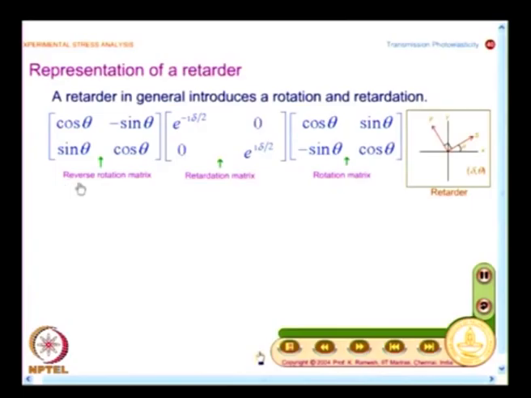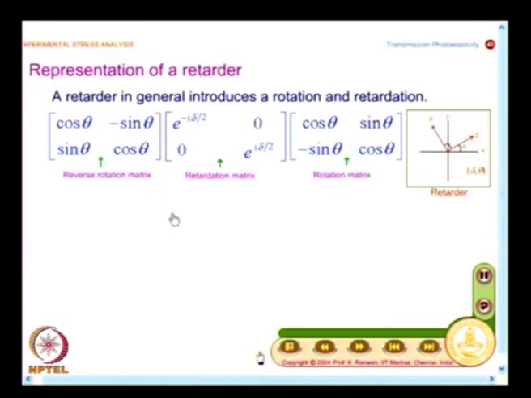So, I put a reverse rotation matrix, but what I want is, I want you to do the matrix multiplication right in the class, and when you do this, you expand e power minus i delta by 2 as cos delta by 2 minus i sin delta by 2 and do the simplification. So, that is what I have been saying.